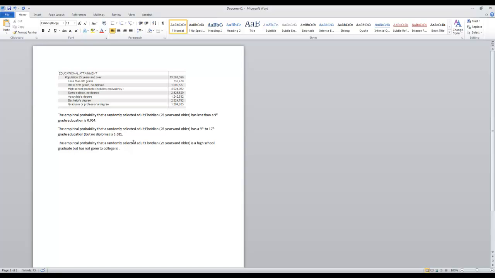How many people are in that category? Looks like that 4 million figure. So 4,024,052 divided by the total, which is 13,561,596. Hopefully you're seeing the pattern here: part divided by whole.